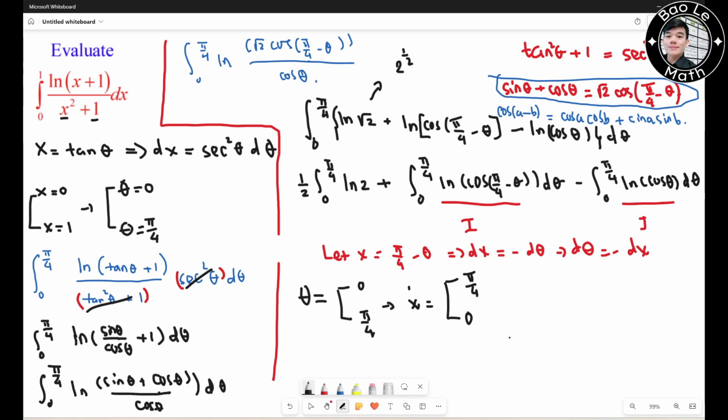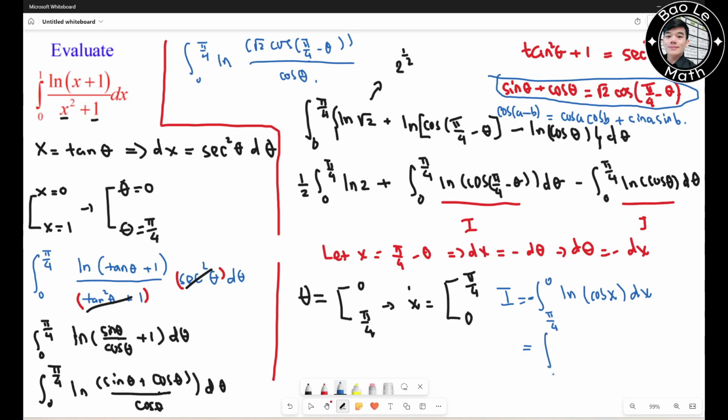Now I substitute back over here, so I equals the integral from pi over 4 to 0 of natural log of cosine s, times negative ds, so I put a negative sign right here. I just change this one to positive and flip the limits.